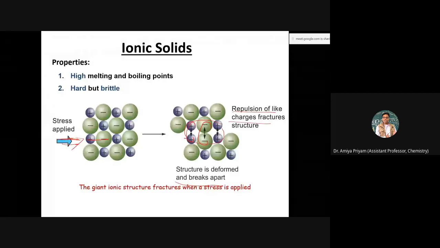So beyond a certain threshold value of the force, if the ions are displaced in one layer, then it leads to huge repulsion between all the surrounding layers. Because two like charges are coming in contact, positive with positive, negative with negative, it will lead to huge repulsion and then breaks. So the brittleness of this is also explained.